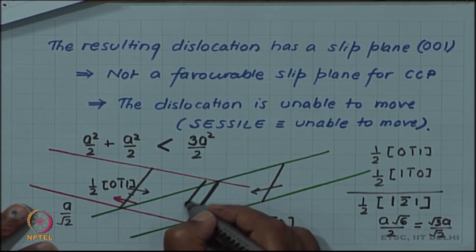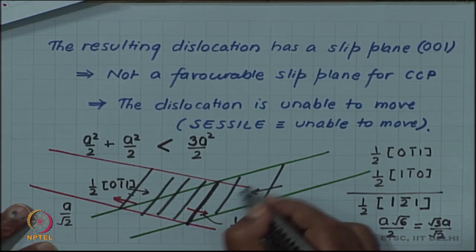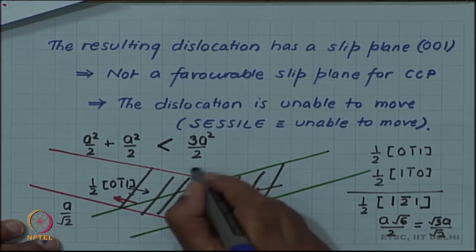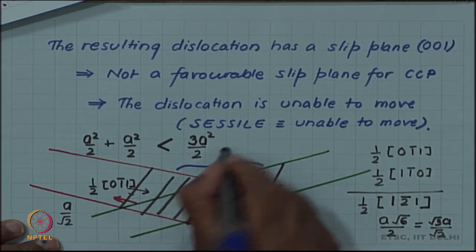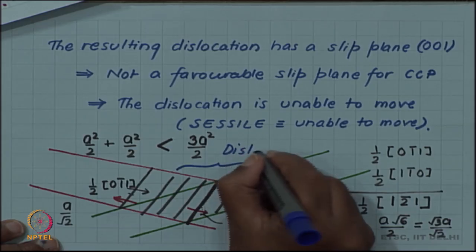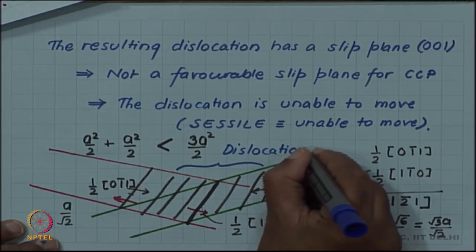So, there will be what is called a dislocation pile up. Another name for a traffic jam of dislocations.